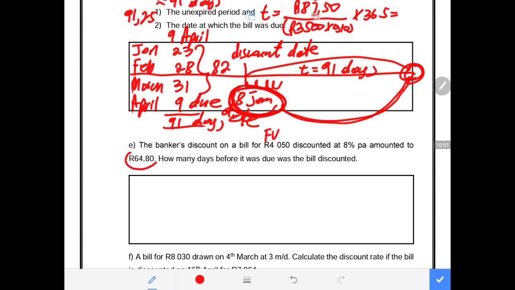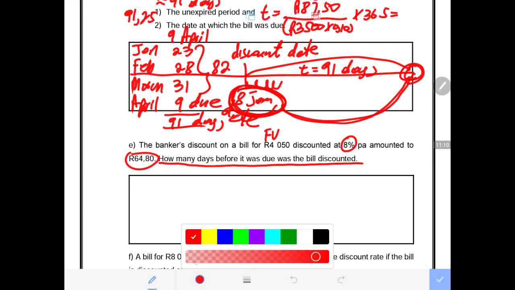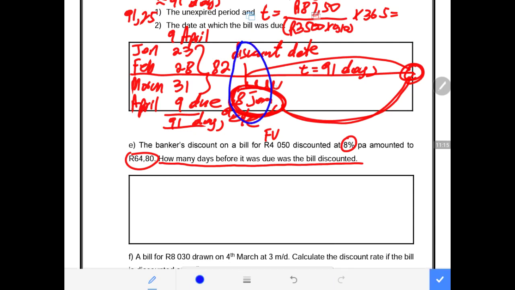We are given the banker's discount and the rate, and the question is how many days before it was due was the bill discounted. That is the unexpired period, the number of days between the date the bill was discounted up to the date on which the bill was due, which we said here was 91 days.